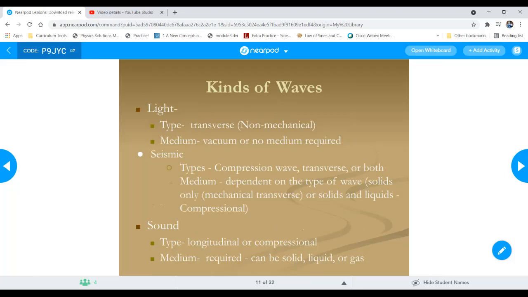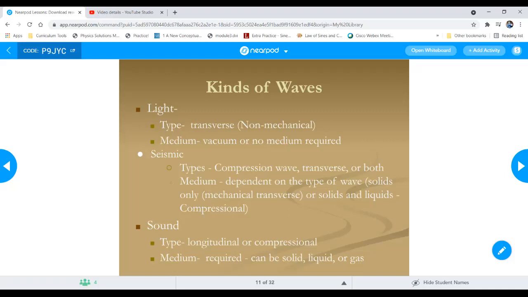Light can travel through solids, well, opaque or translucent solids. It can travel through liquids that are clear, as well as through the air or through a gas. But the neat thing about light is that a light wave doesn't have to have a medium. It can travel through space without that.